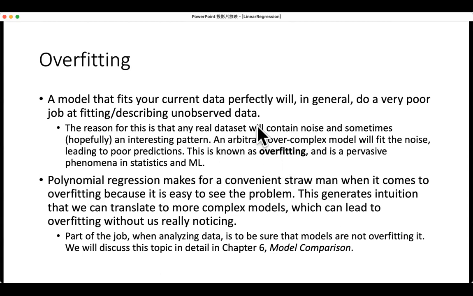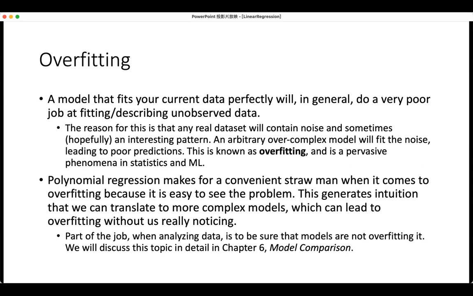This phenomenon we call overfitting, and it is actually a pervasive problem in statistics and machine learning. It is very convenient to use polynomial regression to talk about overfitting, because it is easy to see the problem.